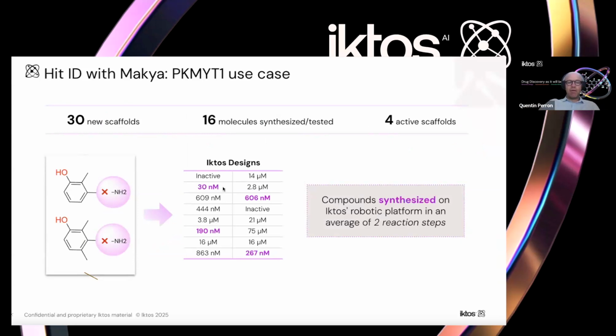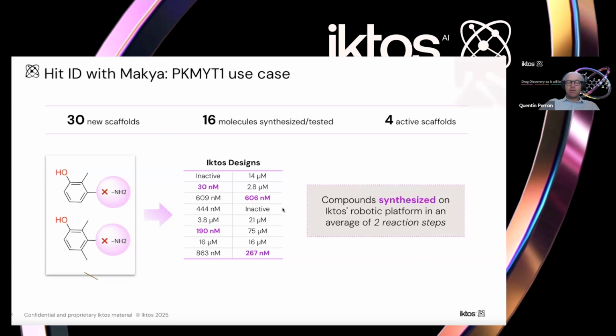So very highly active compounds in only 16 synthesized molecules, and 4 with totally different scaffolds. And this one is quite unique, never described in the literature, and no NH2. So it really allows us to obtain something totally different and to have different types of physical properties.